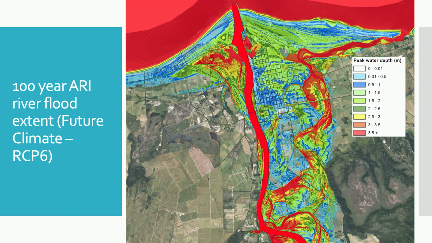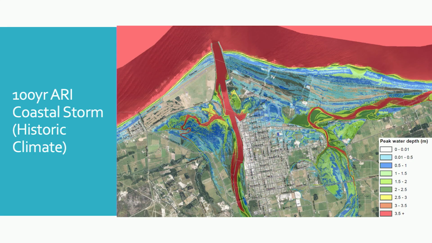So this future climate scenario here has been called the RCP6 scenario, and allows for almost 1 metre of sea level rise and an increase in peak flow of about 15%. So it's just a potential future scenario which we can use for planning purposes. Then, as we know we're exposed to coastal flooding, we've also run the model with potential future coastal storms.